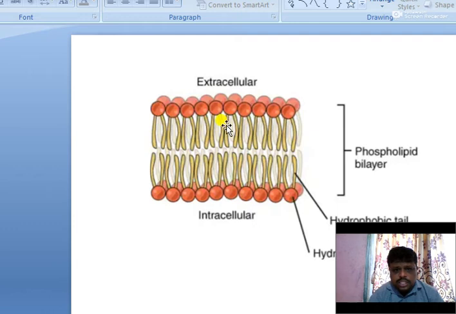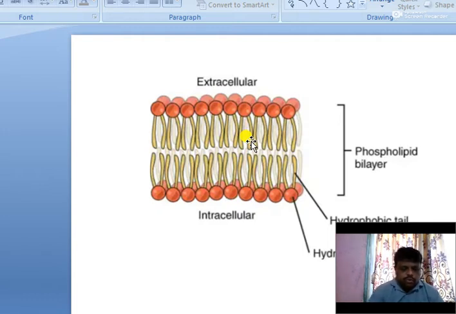These two portions play different roles: the heads act as the hydrophilic structures and the tails act as the hydrophobic structures. So this is the role of phospholipids in the lipid bilayer in the aqueous medium.